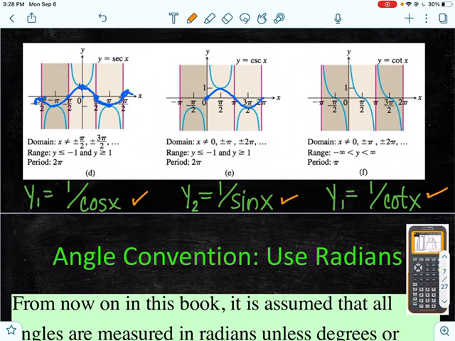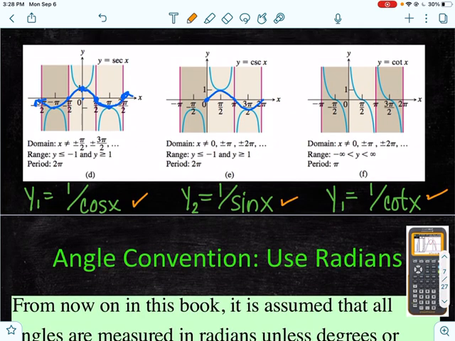So the same thing is true when you're going to do the inverse. You don't have the second inverse keys, second sine, second cosine. So you're going to have to rewrite your expressions, and we'll go over that in the next lesson.